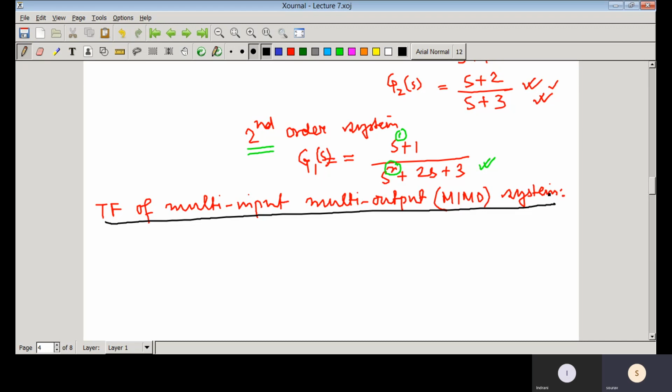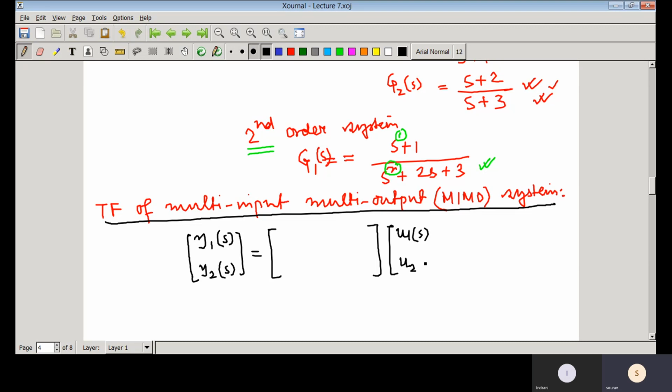Suppose I take one multi-input multi-output system which has two outputs, Y1(s) and Y2(s), those are called channels, and suppose two inputs.